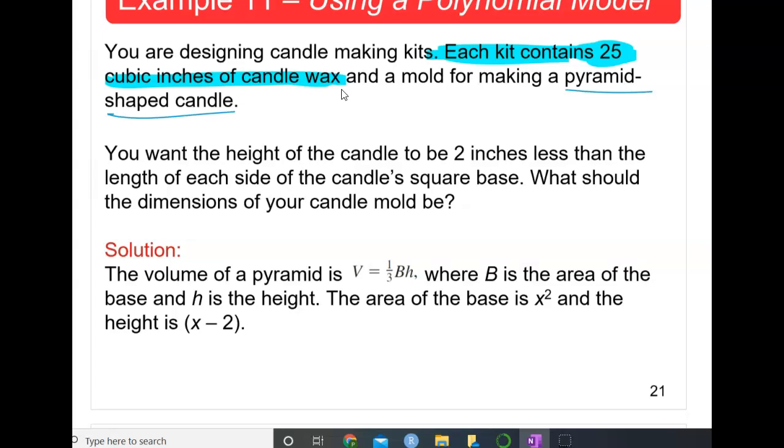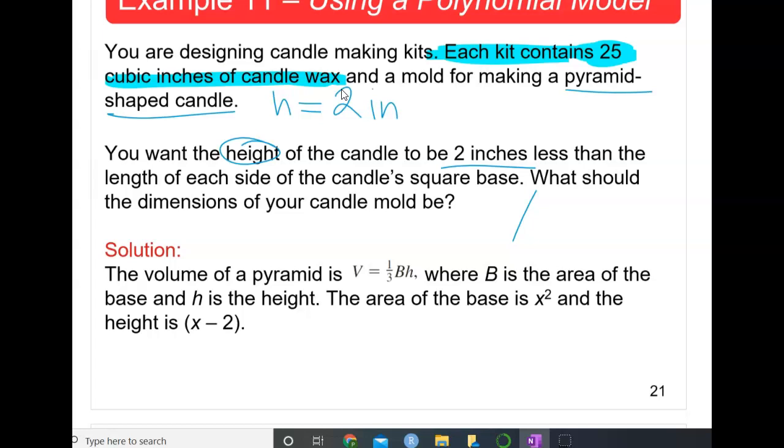So you want the height of the candle to be 2 inches less than the length.